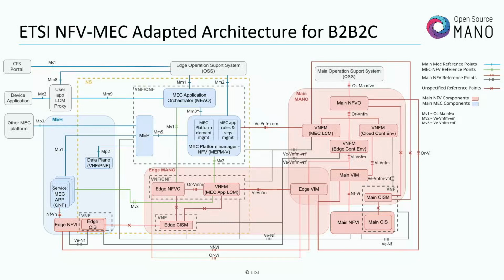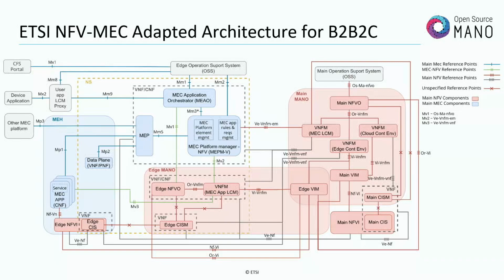The main difference of this architecture for MEC is that we are using two MANOs. We have a main MANO, which belongs to the NSP operator, and where other CSPs can request access to the edge infrastructure. When they do so, our idea is that the main MANO will automatically launch the edge MANO and the multiple MEC functional blocks.